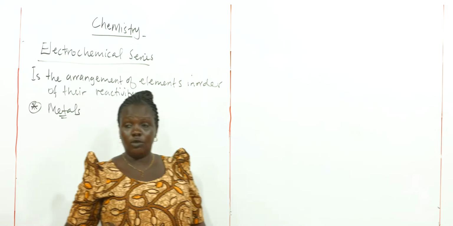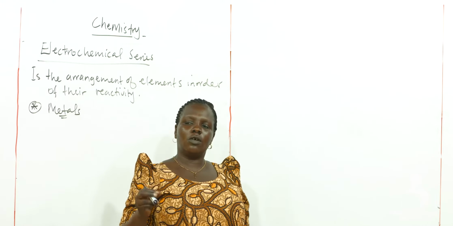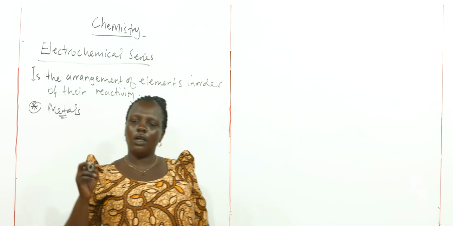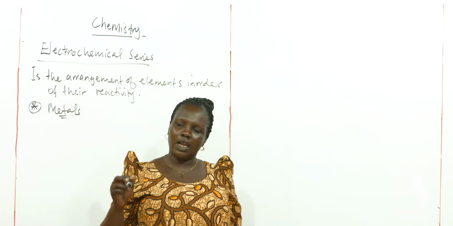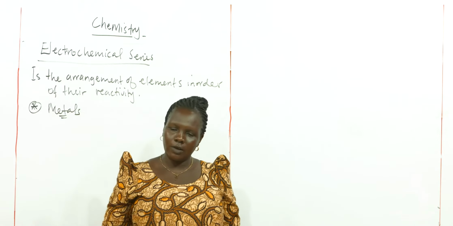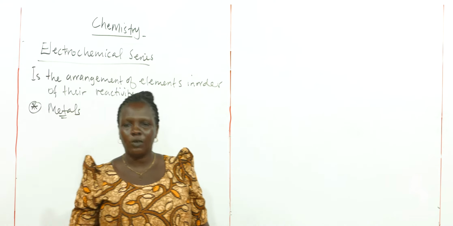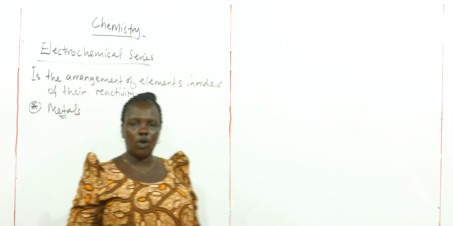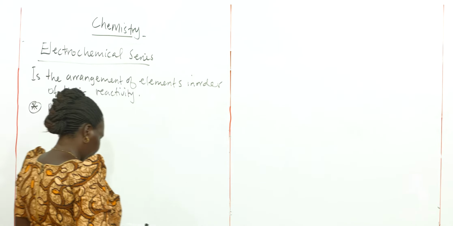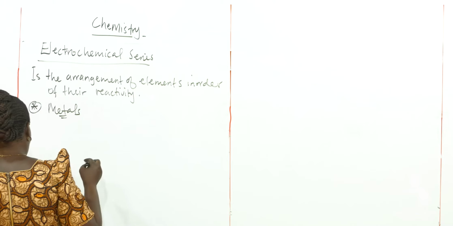Metals usually react by losing their outermost electrons. When they lose these outermost electrons, they form positive ions, therefore they are called electropositive elements.